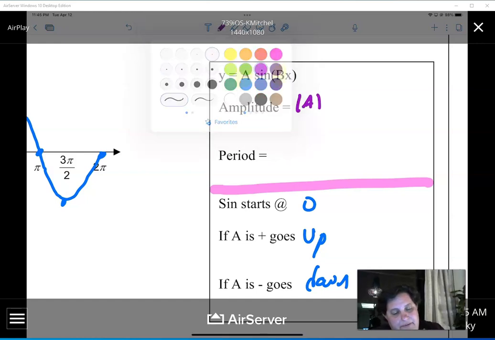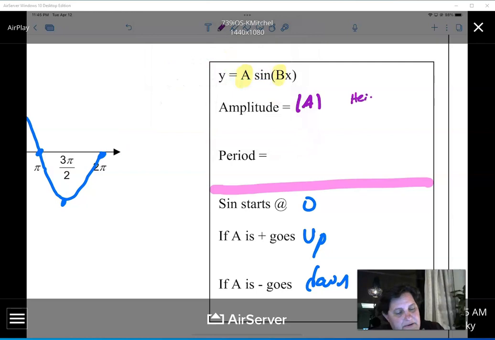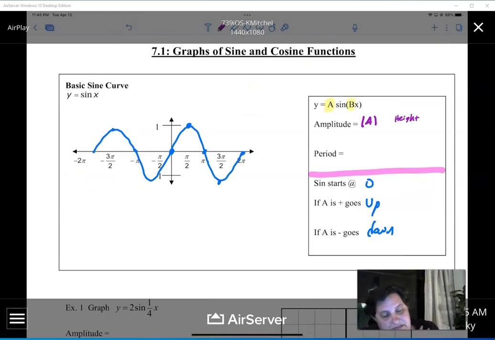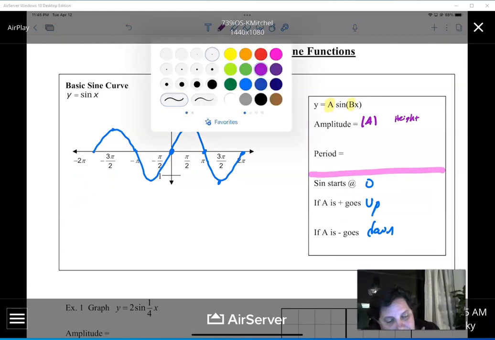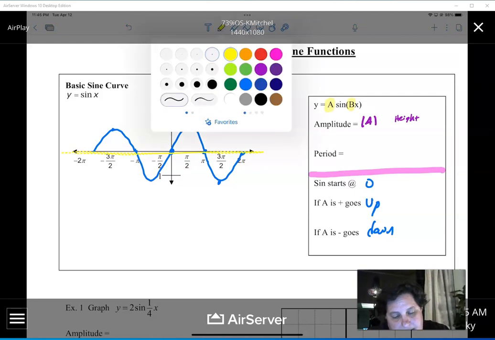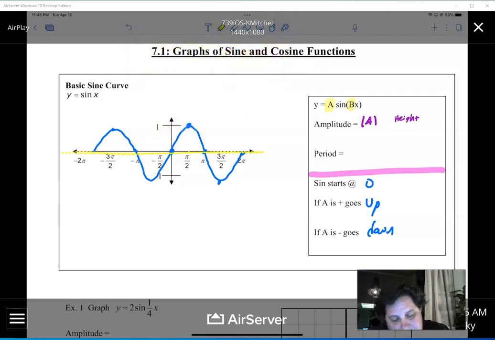Because technically, amplitude means the height of the sine function, specifically from what's called the midline. I'm going to draw the midline of this, which goes right through the middle. You guys see that? So that's the midline, and it's how far up and how far down it goes from the midline. So like up 1, down 1. Your basic graph is just 1.